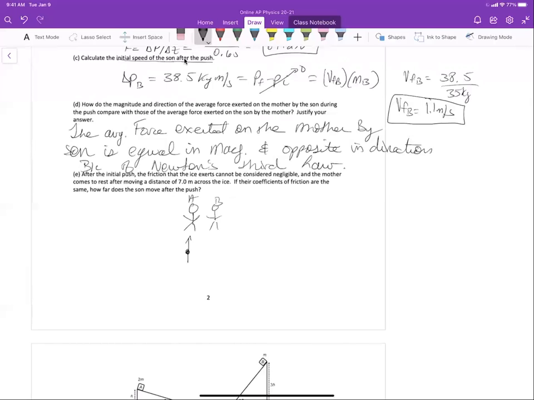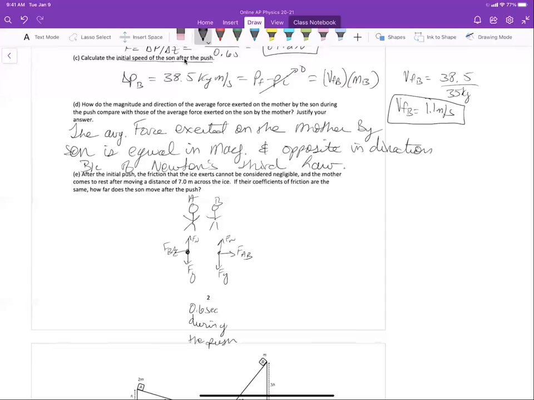We have force normal, we have force of gravity, and we have force of B on A. And they told us during that push the friction was negligible. And this is force of A on B. And this was for 0.6 seconds. This is during the push.